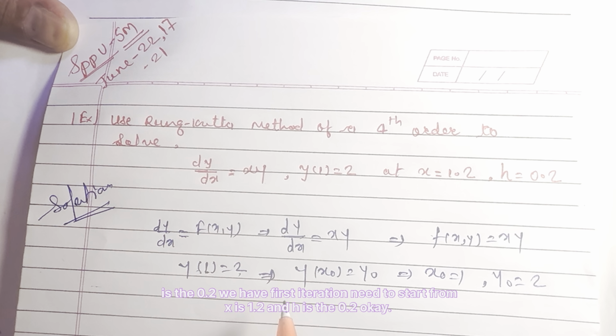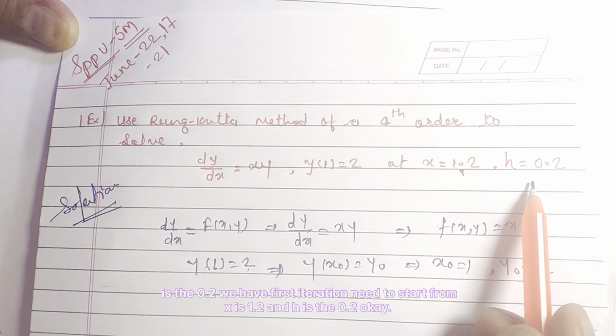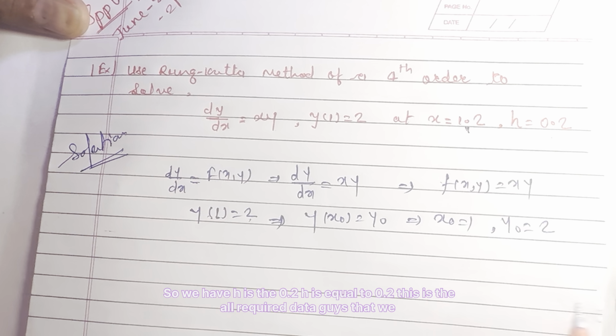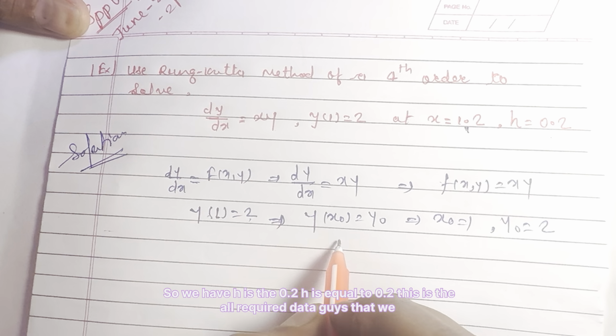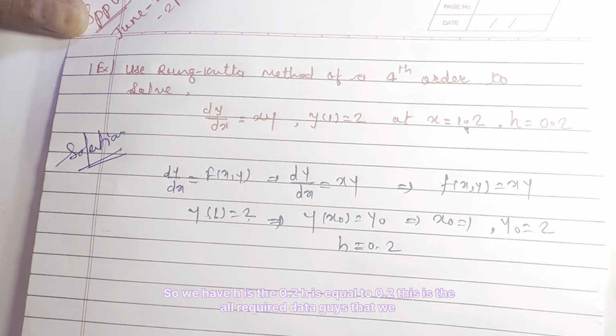After that, x is 1.2, so the first iteration needs to go up to x equal to 1.2, and h is 0.2. This is all the required data we have in our example.